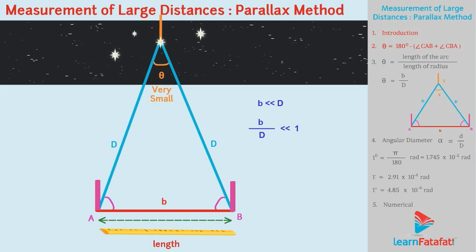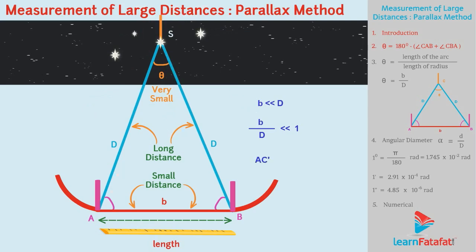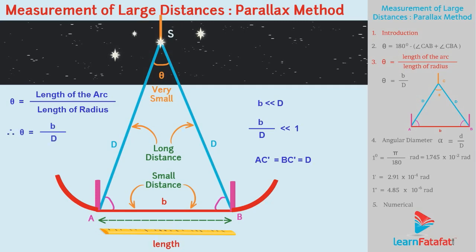Also, as distance AB is very small compared to the distance of the planet, we can consider AB as an arc of length b of a circle with center S and radius AC dash equals BC dash equals D. For an arc of a circle, we know that theta equals the length of the arc upon the length of the radius, which gives theta equals b upon D. From this, the distance of the planet can be found as D equals b upon theta.